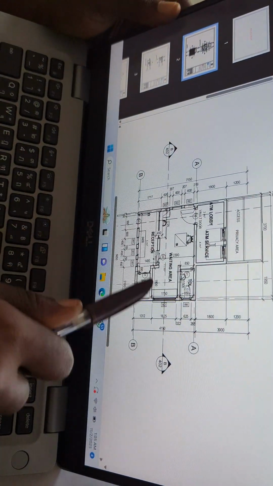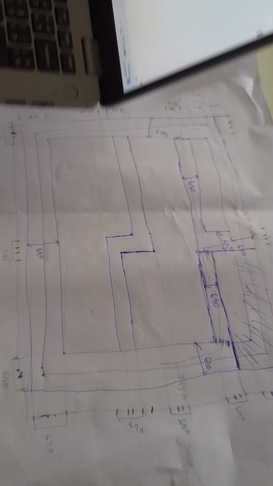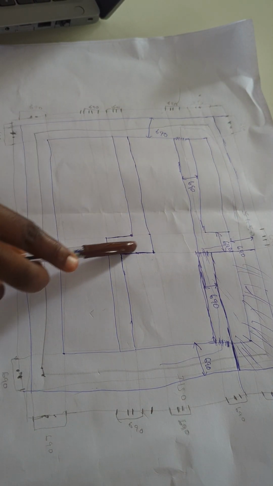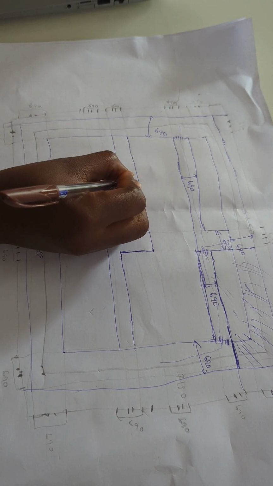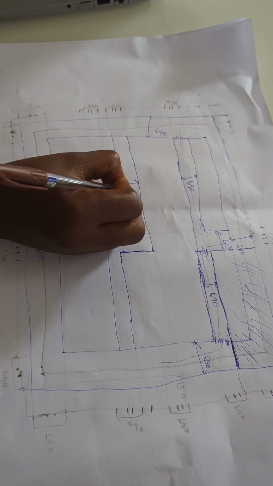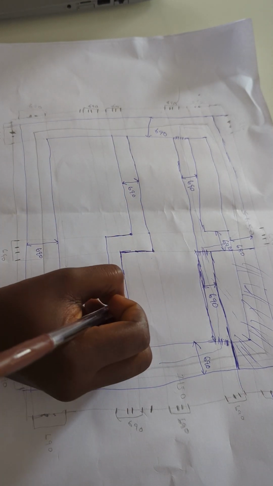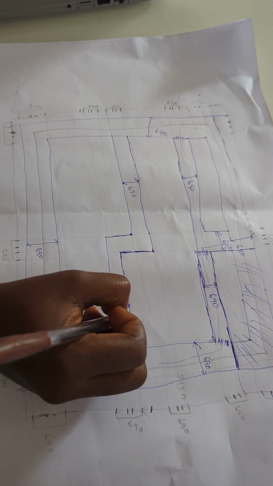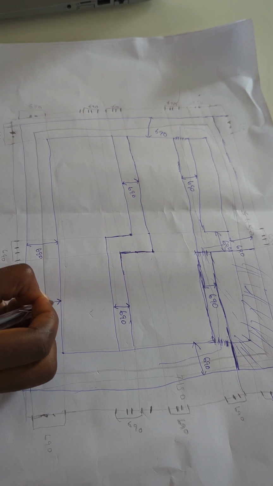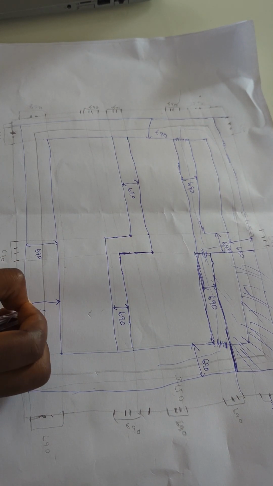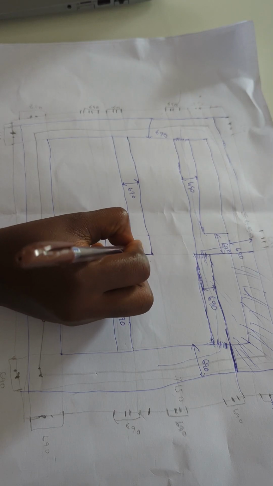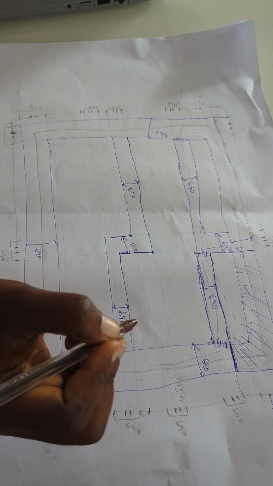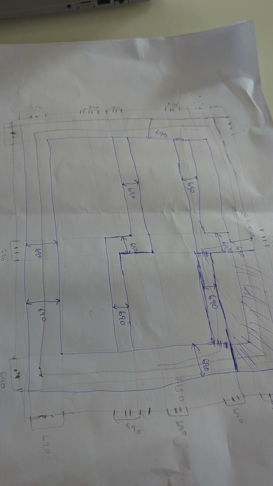This comes this way like this, as you can see, and this is also doing the same thing. Okay, so that's that about that.